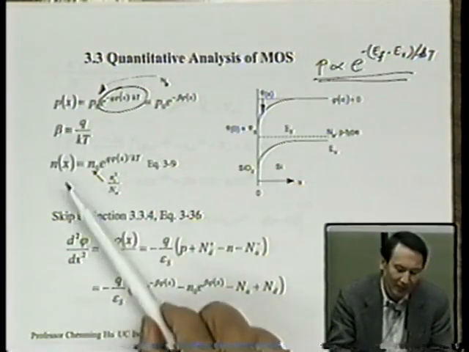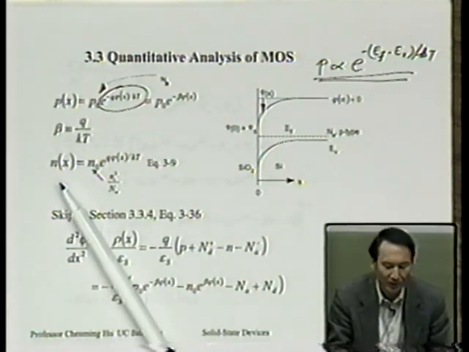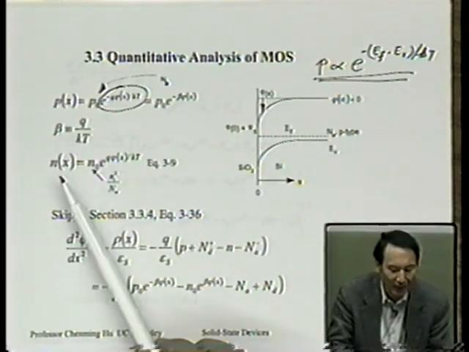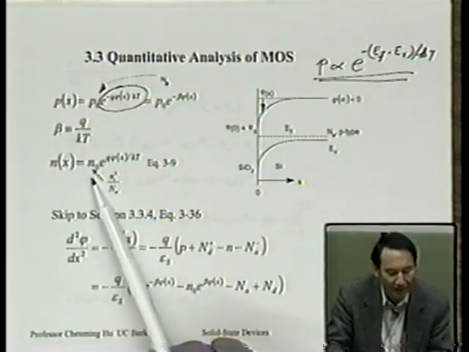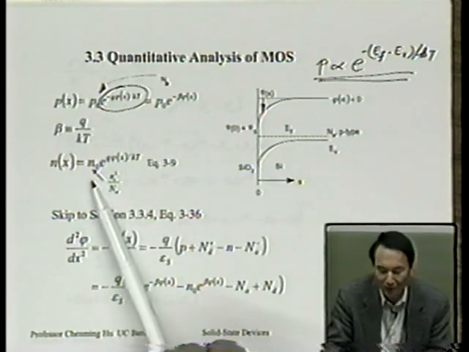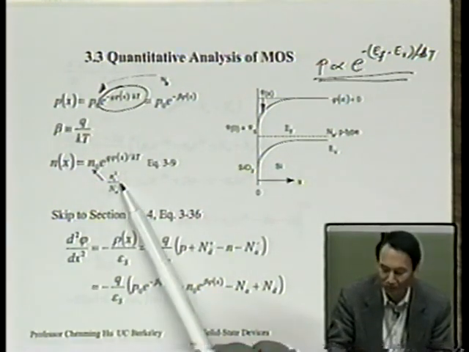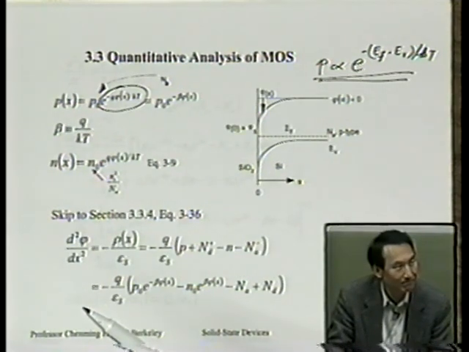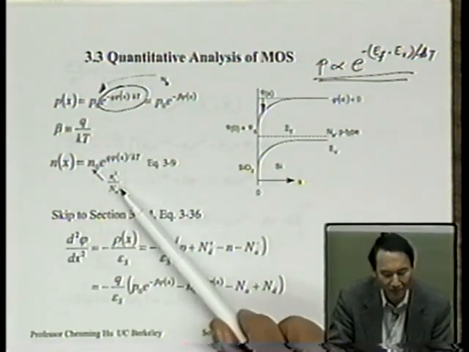All right. Next, what about the electron concentration? Well, that's very similar to the first equation. Electron concentration will be equal to n naught, the equilibrium concentration of electrons, roughly speaking, ni squared over Na. Is that right? Why do I call this roughly speaking, by the way?